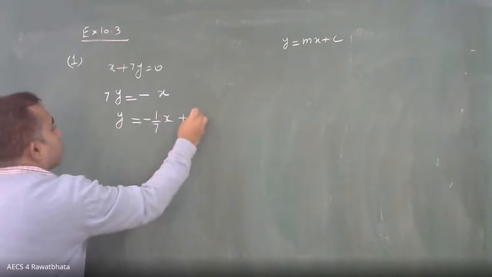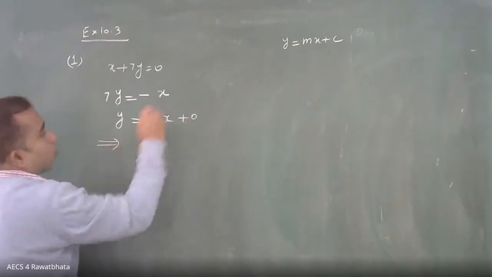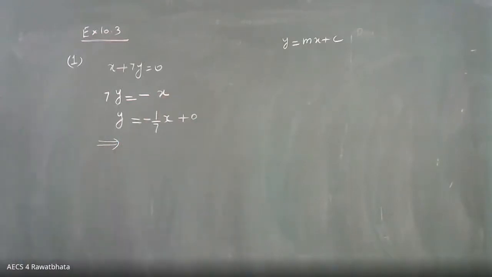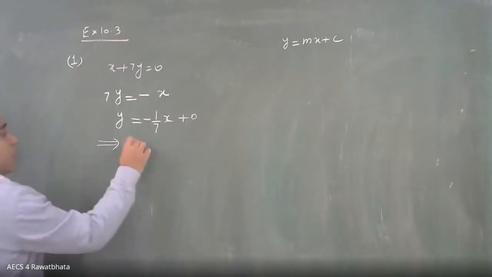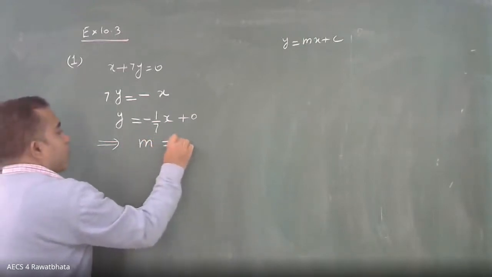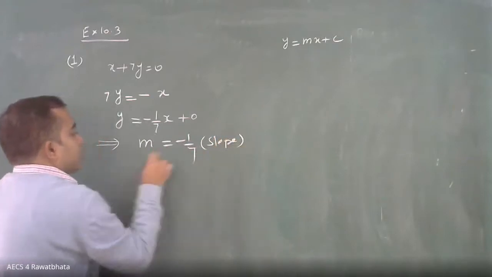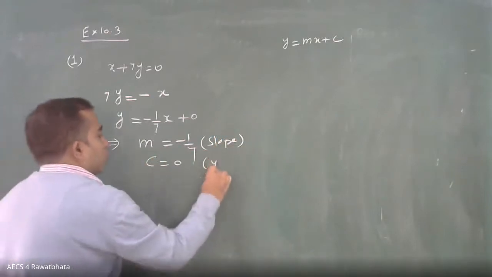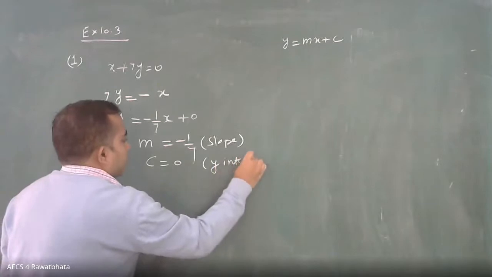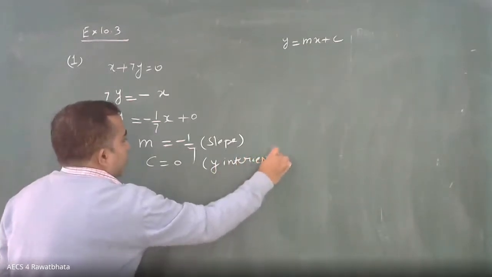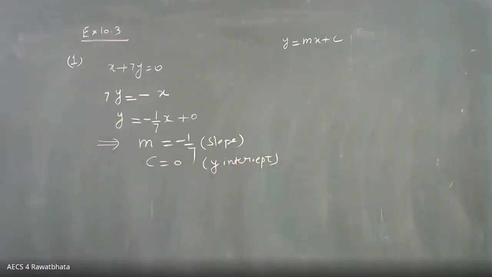This is plus 0 also, I can write. So now if you compare with y equal to mx plus c, here the x multiplier, m, is minus 1 upon 7. This is the slope. And c here is 0, so this is the y-intercept. The same thing is to be done in all the other parts also.